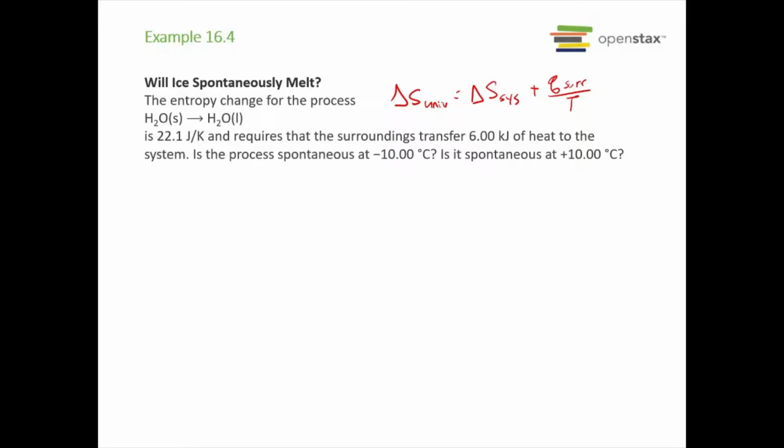We're told that delta S system is equal to 22.1 joules per Kelvin. And then at negative 10 degrees Celsius, Q surroundings, which we're told the surroundings are transferring 6 kilojoules, so that's negative 6.00 times 10 to the third joules.